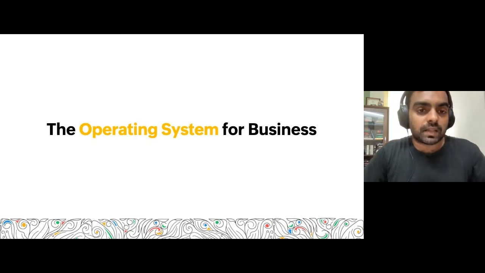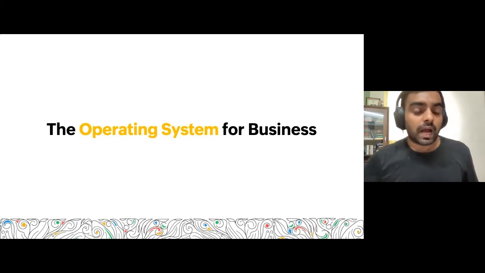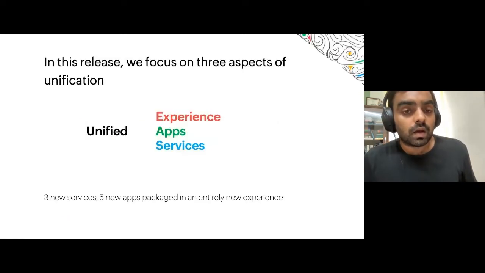So that's what we believe: we are trying to build something which is really useful for businesses. So with that said, this particular release that we had on Tuesday this week, the idea with this release was how can we apply the concept of unification in three main areas.